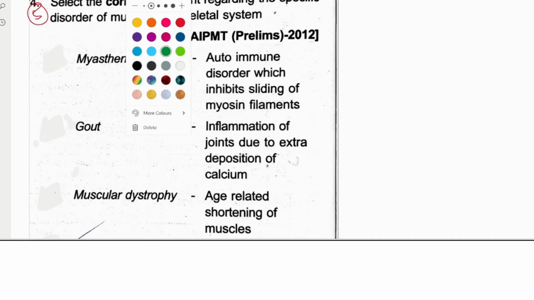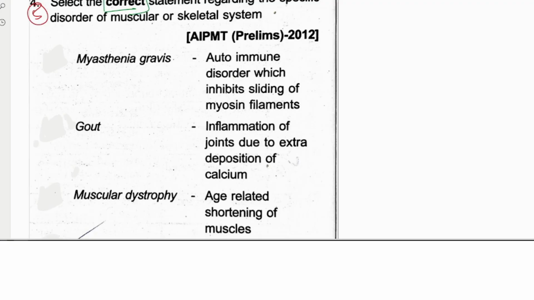Okay, next question is: correct statement regarding the specific disorder of the muscular or the skeletal system, AIPMT 2012. So here they are saying myasthenia gravis, muscular dystrophy, gout. Let us see, these are actually the disorders given in our NCERT of this locomotion chapter.